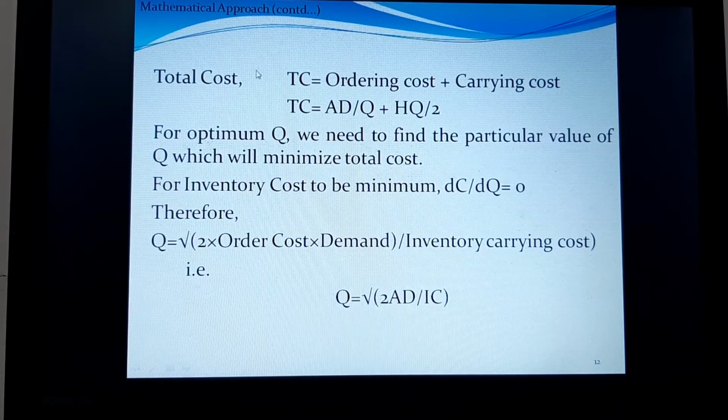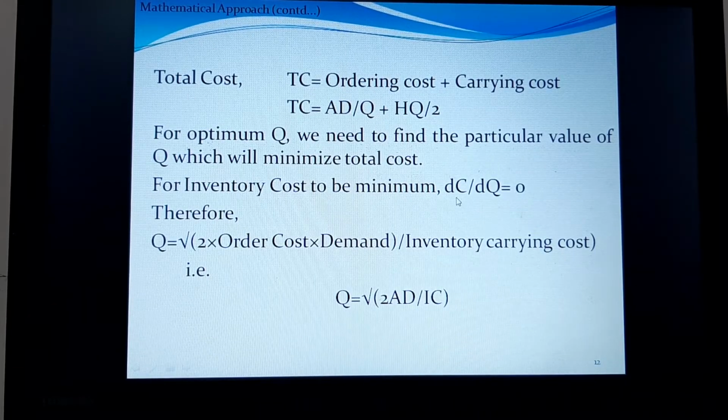Now you can see that the total cost TC is equal to the ordering cost plus the carrying cost. TC is equal to AD by Q, which is the ordering cost we calculated in the earlier slide, plus the carrying cost, which is HQ by 2. For the optimum Q, we need to find the particular value of Q which will give the minimum total cost. How to get it? dTC by dQ should be equal to 0.